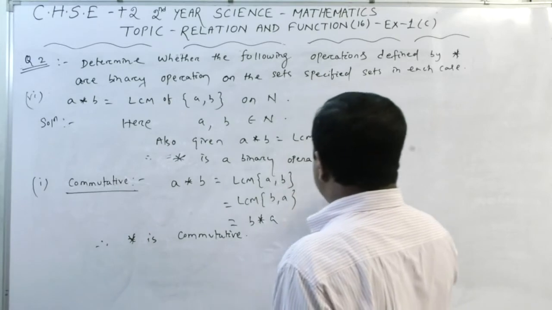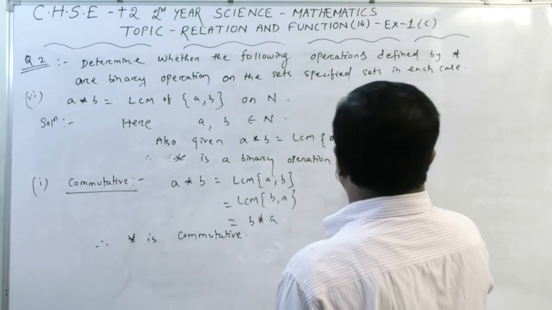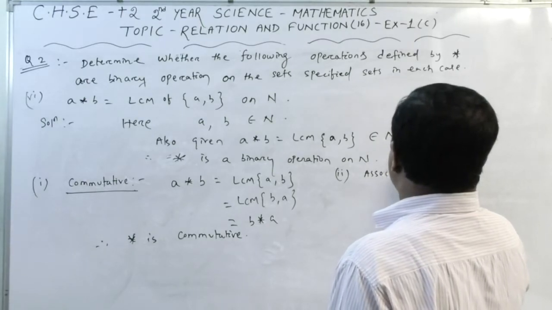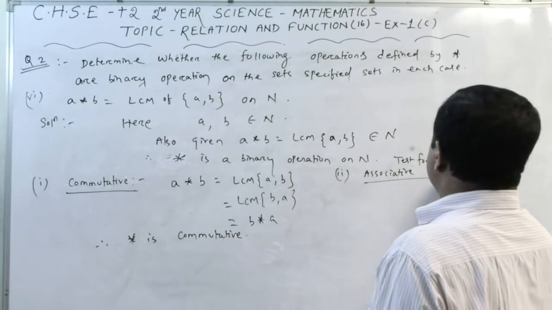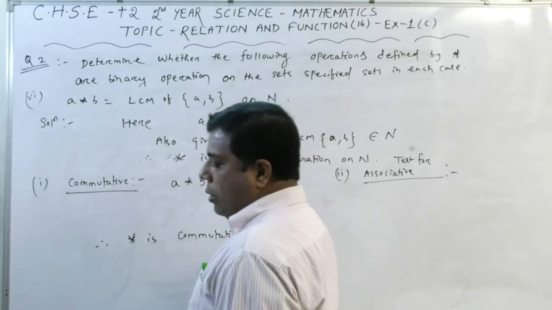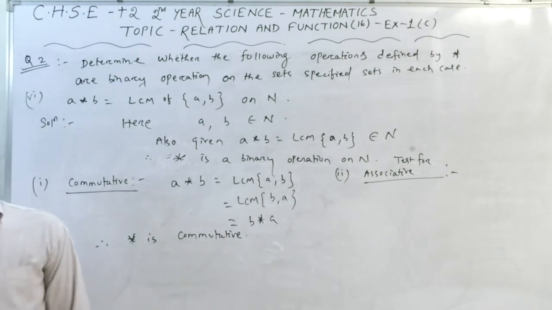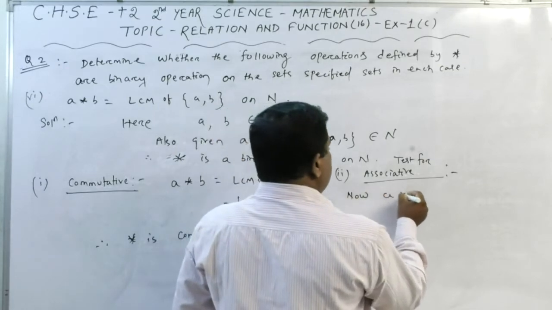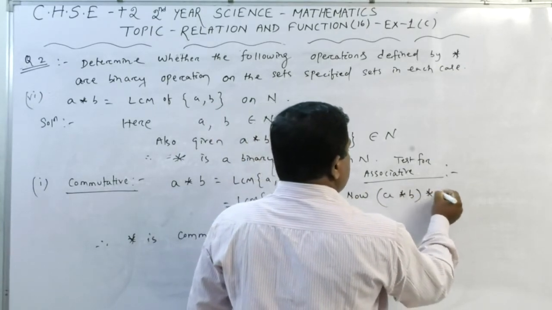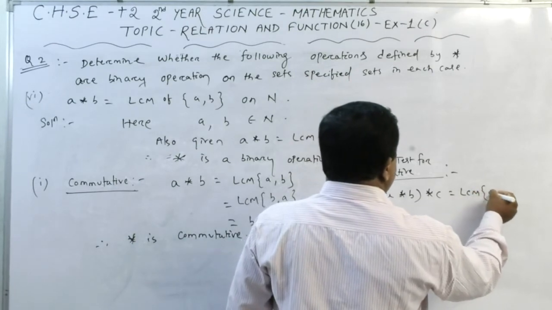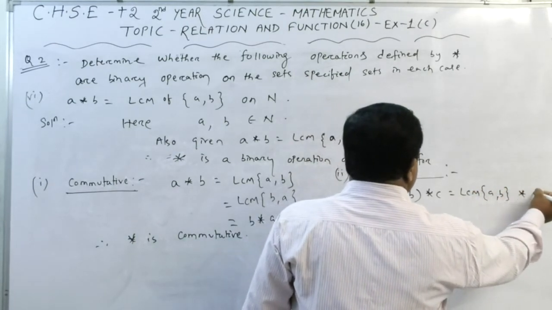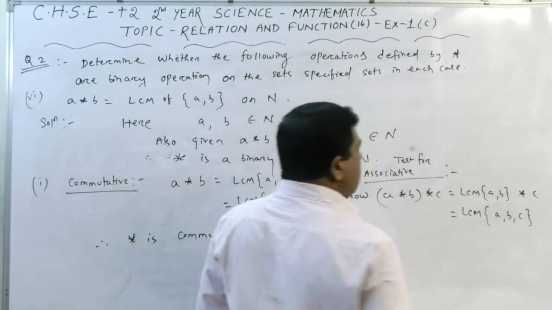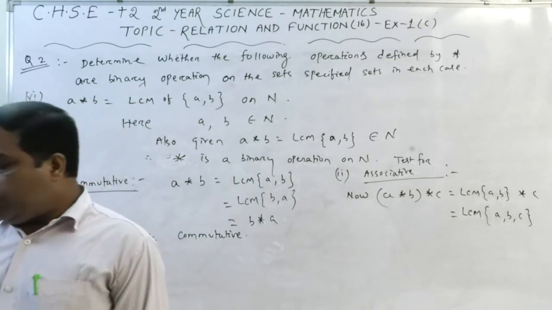Now we are going to show the associative law. We are going to test for associative. Okay, for it what do we do? We are going to show that (A star B) star C equals A star (B star C). Now (A star B) star C, what does it mean? It means LCM of A, B operated with C. So what is it? It means LCM of A, B, C, LCM of these three quantities. Okay, my dear students.